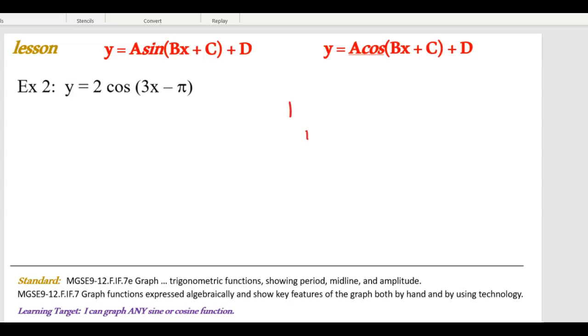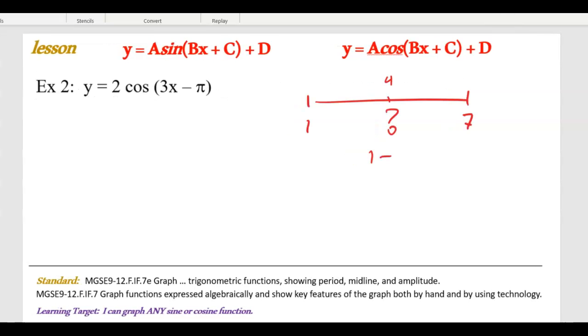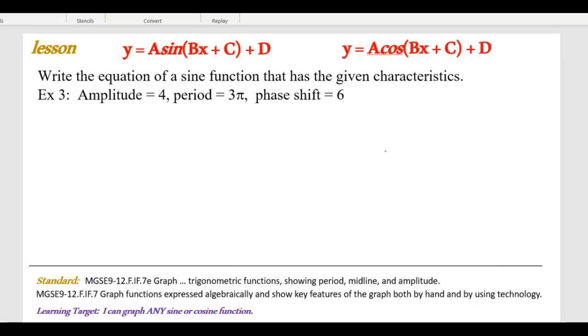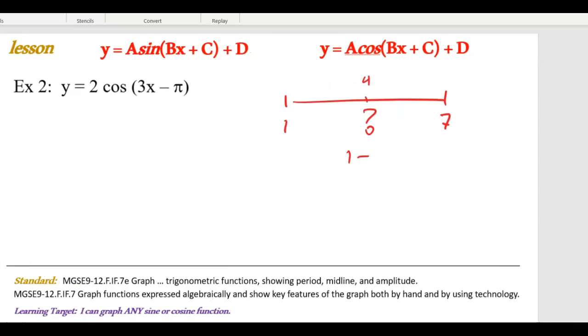What is halfway between 1 and 7? All right, and you can just count the spaces. Halfway between 1 and 7 is 4. Okay, but numerically, you can find that as 1 plus 7 divided by 2, which is 8 over 2, which is 4.